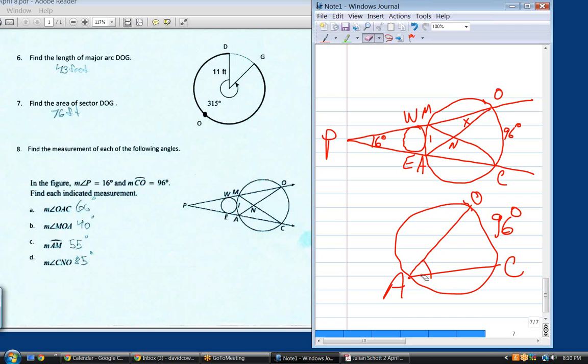So if I draw this circle without anything and just the MOA, it looks like this. If I want to know this angle, I need to know that arc, right? In other words, if I want to know X, it would be useful to know the arc length from M to A. Well, we have a formula for doing it.